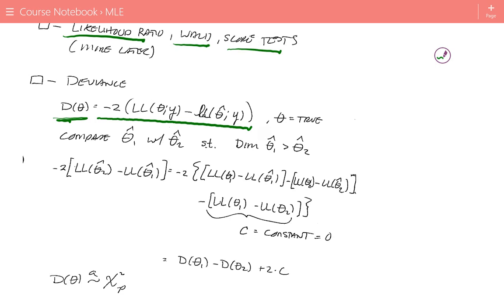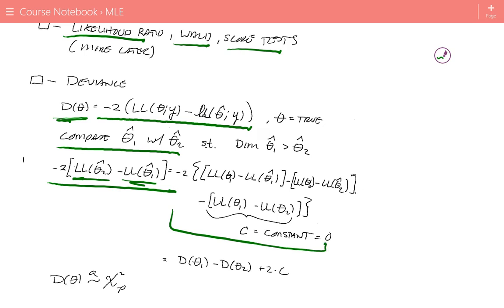And since you're trying to compare two models, what you end up with is the -2 of the log likelihood of theta 2 hat minus theta 1 hat, in other words, the two different models. You come down to a quantity here that is essentially the deviance of the first minus the deviance of the second, with a constant added to it.